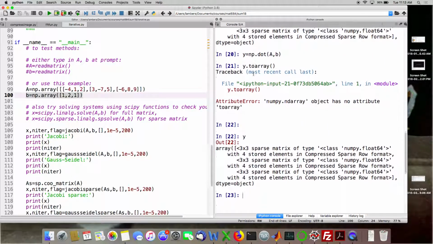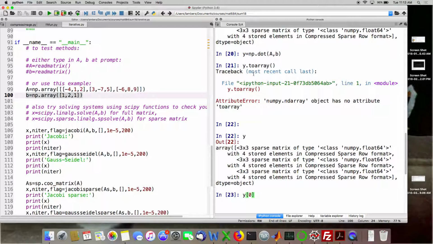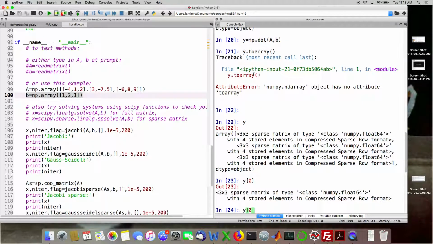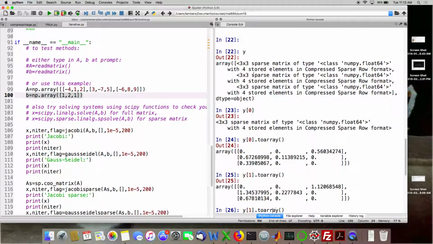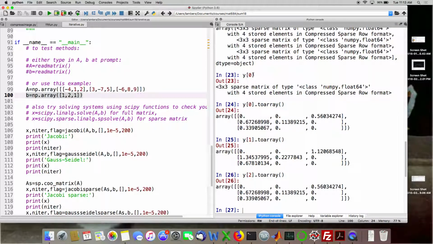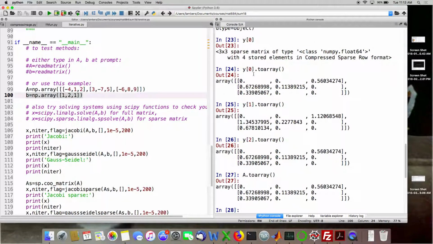Now, okay, I want to try to decipher this Y here. Oh, okay. I think I know what's happening in this case. If I look at A, oh, that's freaky. Okay, so A dot B is not A times B in this case.